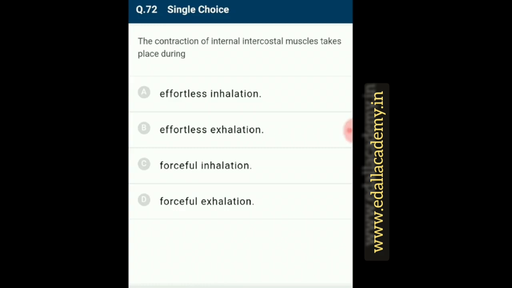The contraction of the internal intercostal muscle pushes the rib cage downwards and inwards. This decreases the intrapulmonary volume, increasing the intrapulmonary pressure. This leads to the removal of air from the lungs, which is called expiration. Normal, that is effortless, expiration is brought about by relaxation of the external intercostal muscles and diaphragm. So the answer is option D, forceful exhalation.